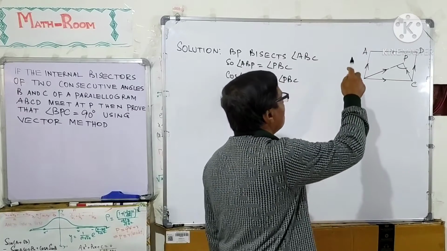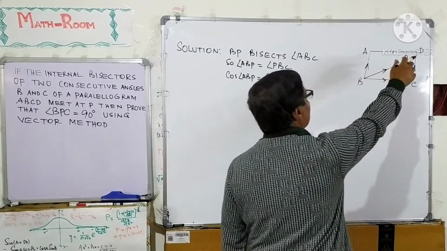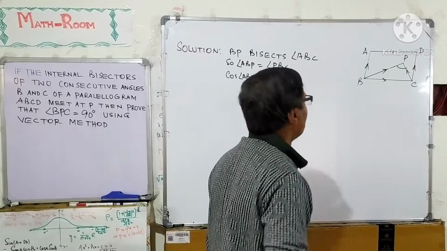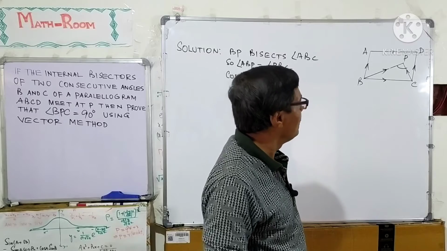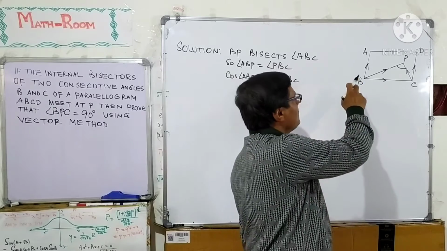We can also consider the sides of this parallelogram as vectors, that is 4 vectors.